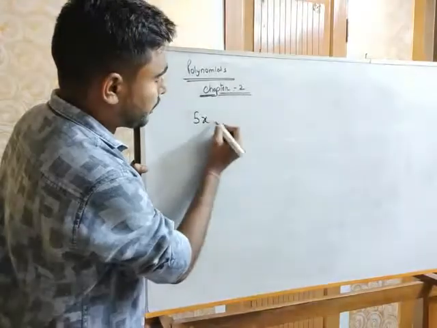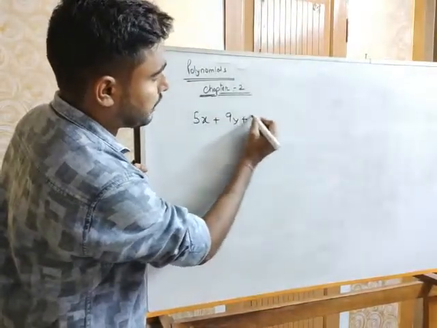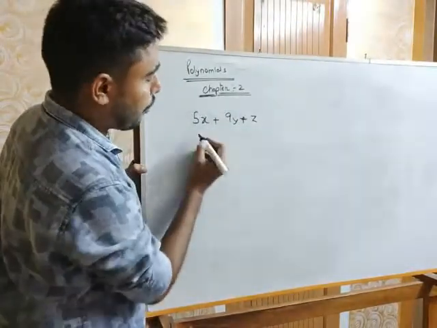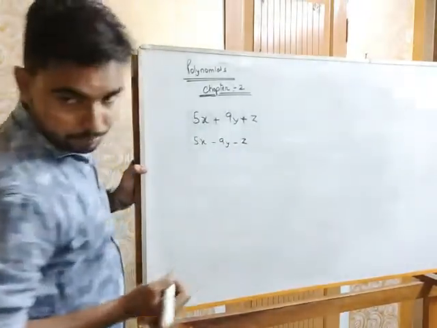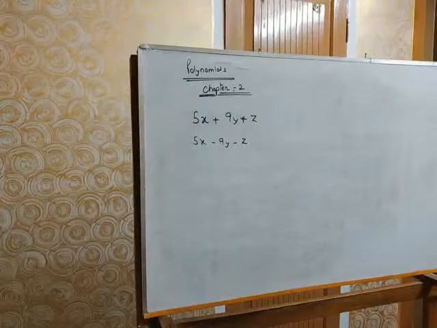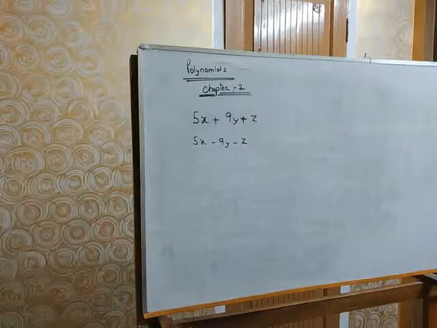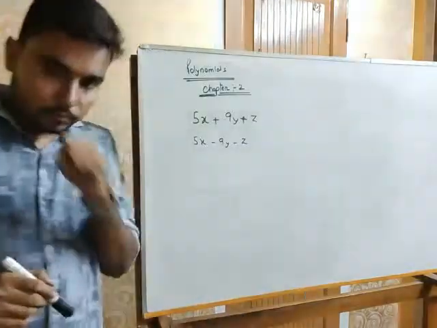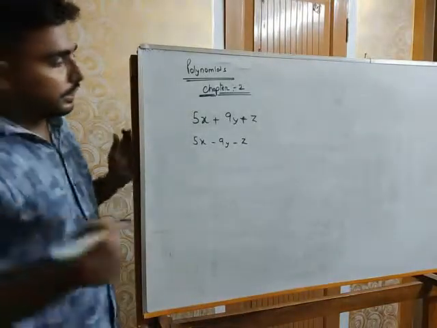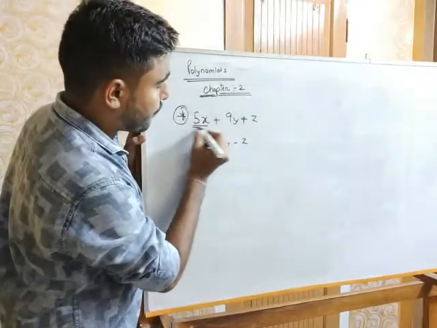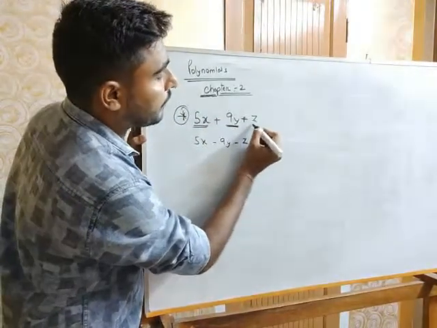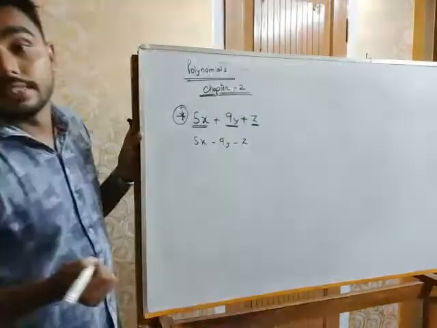So let us see the algebraic expression 5x plus 9y plus z, or 5x minus 9y minus z. See here, in this first algebraic expression you have 5x, here you have 9y, and here you have z.